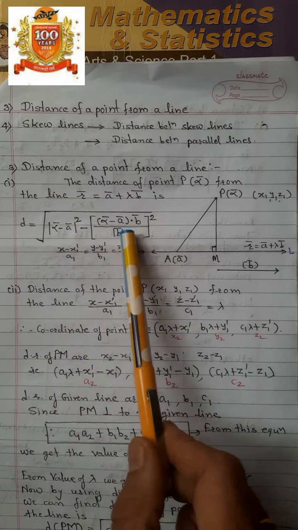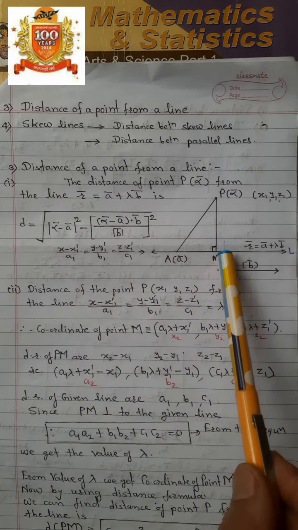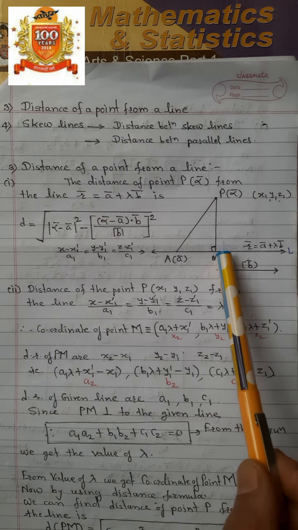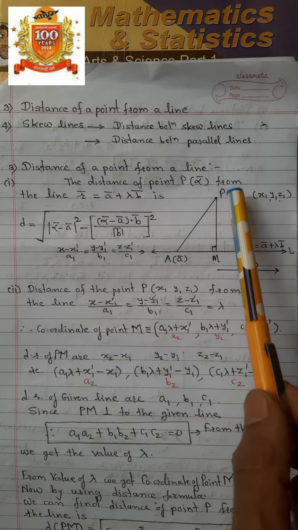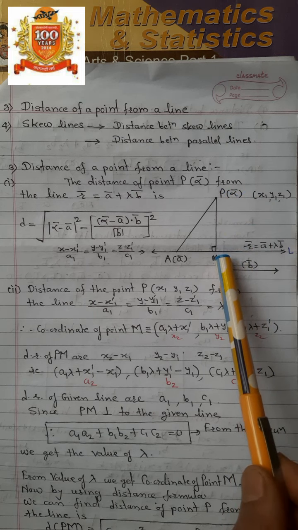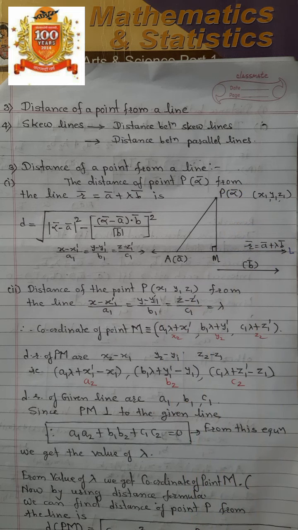By using this formula we can find the distance PM, isn't it? That is the distance of a point P from the line, if the line is given in vector form.